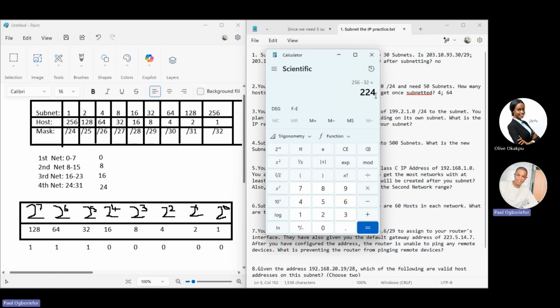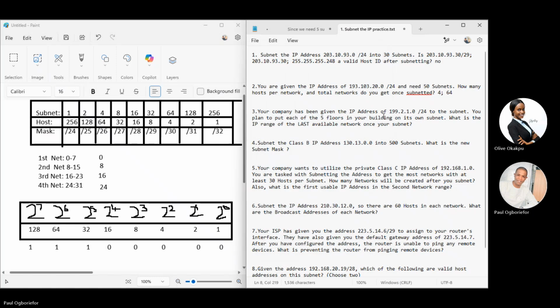I'll just know that, okay, the last IP range will be this. So this 0 will turn to 224, right? 224.